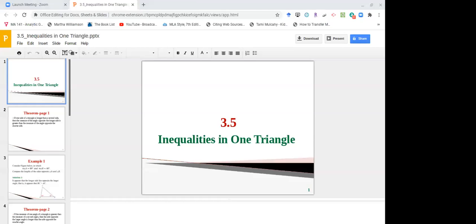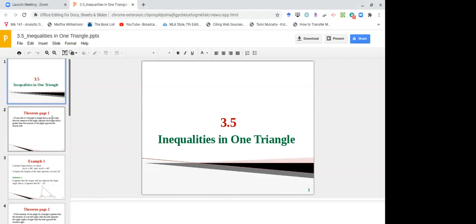So remember, we have equations with equal signs, and we have inequalities that have other symbols, and we have some important inequalities that describe triangles. So let's take a look at those slides here.